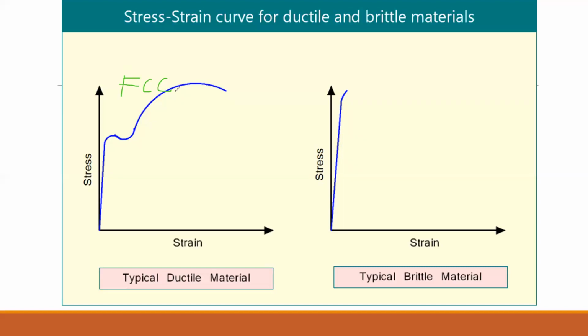The examples of brittle materials are ceramic materials and glasses.